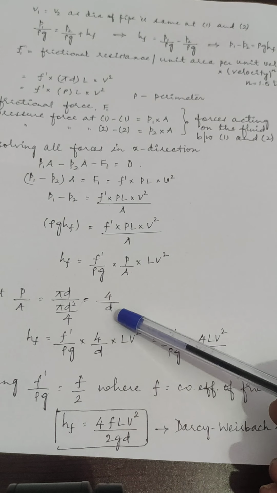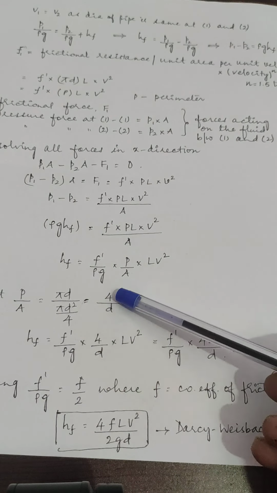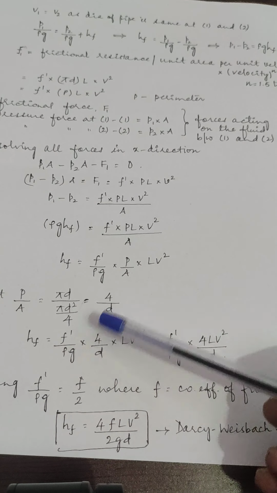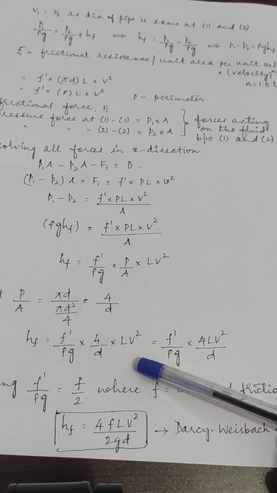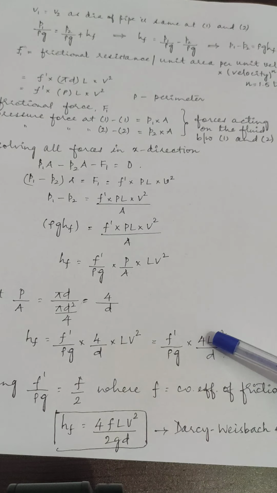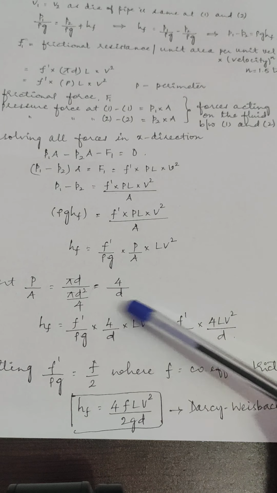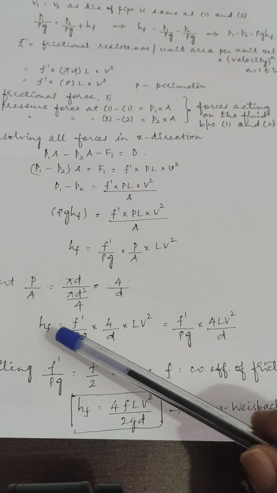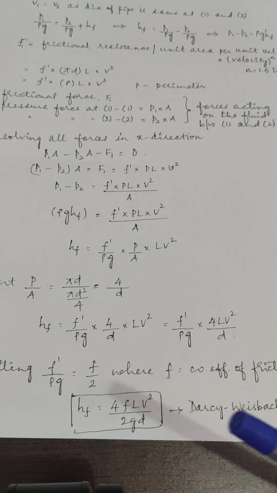So simplifying this, it is 4 by D. So substituting this P by A as 4 by D, I have HF is equal to F dash by rho g into 4 by D into L V square. That is F dash by rho g into 4 L V square by D. You can conclude that my HF is equal to 4 F dash L V square by rho g D.